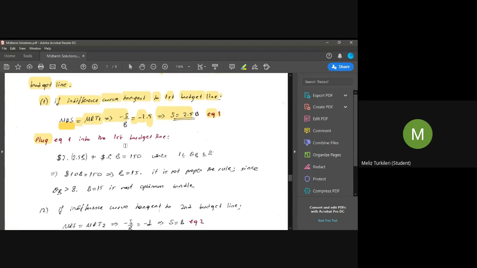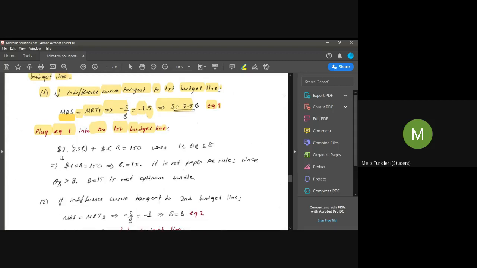Then, to find the intersection point, the tangent point, we need to plug equation 1 into the first budget line. The price of shoes is equal to 2, and the quantity of shoes equals 2.5 multiplied by the quantity of bags, plus $5 for each bag, and the quantity of bags is equal to 150.